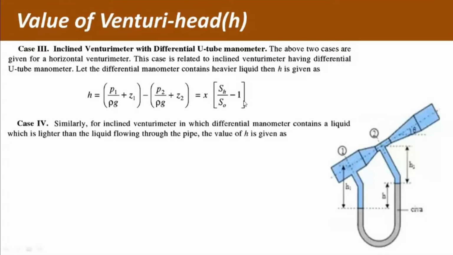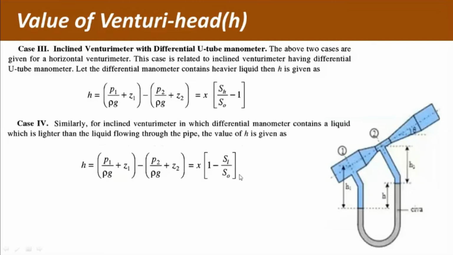Similarly, for an inclined tube manometer in which the differential manometer contains a lighter fluid, the venturi head H equals P1 by rho g plus Z1 minus (P2 by rho g plus Z2), which equals x into (1 minus specific gravity of lighter fluid upon specific gravity of given fluid).